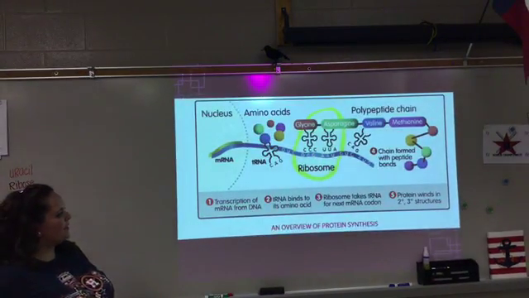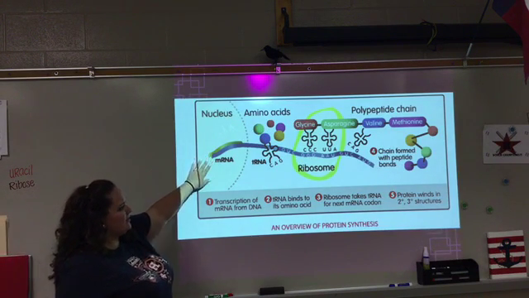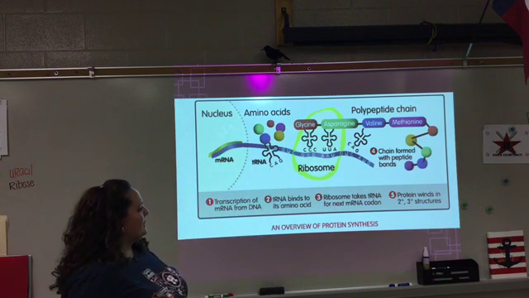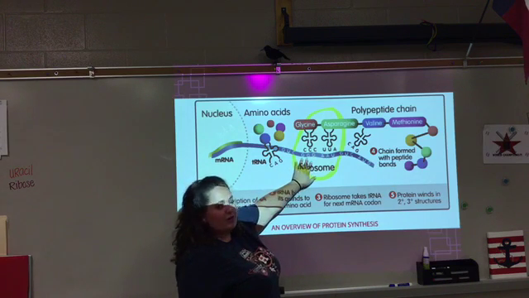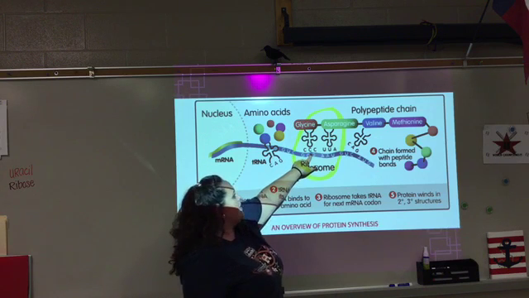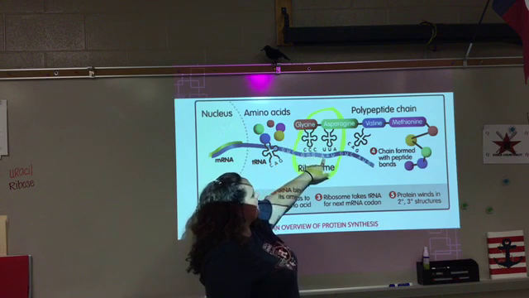So here you can see the transcription of mRNA from DNA happens in the nucleus, moves out to the ribosome, and it attaches. Then the tRNA, here we've got the GGG codon of mRNA. It pairs up with the CCC anticodon of tRNA, which happens to carry the amino acid glycine.